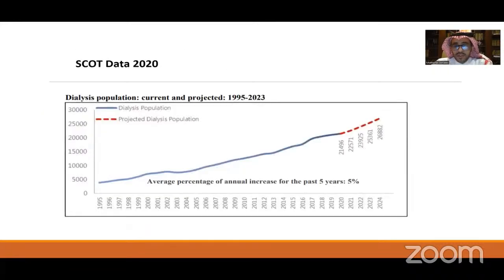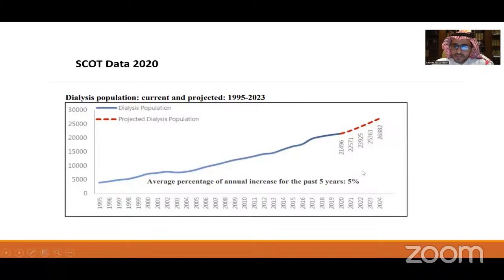And so there are no data on the prevalence or incidence of CKD in Saudi Arabia, because most of the studies have been single center or regional. But if we extrapolate from SCOT data, so SCOT is keeping track of all patients requiring kidney replacement therapy in the kingdom. Those are the numbers of patients on hemodialysis and peritoneal dialysis. And over the last 5 years, there has been a 5% increase every year in the number of patients requiring dialysis.